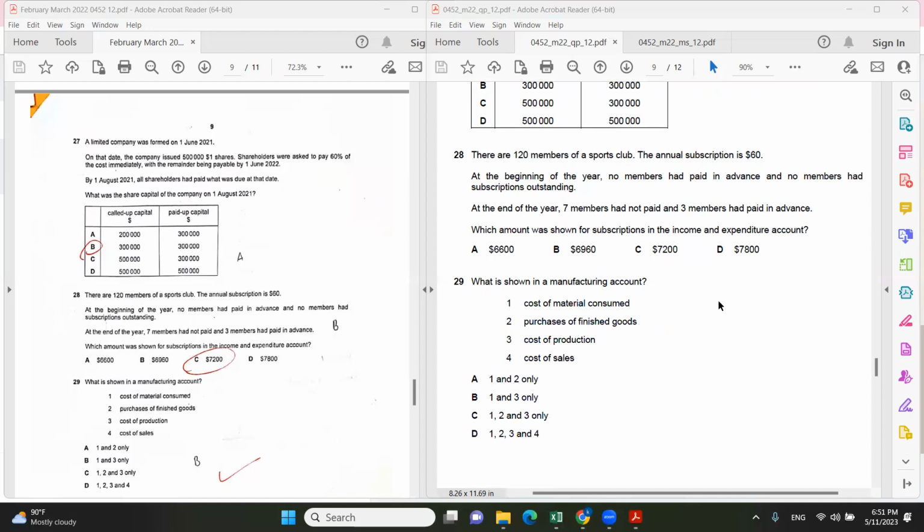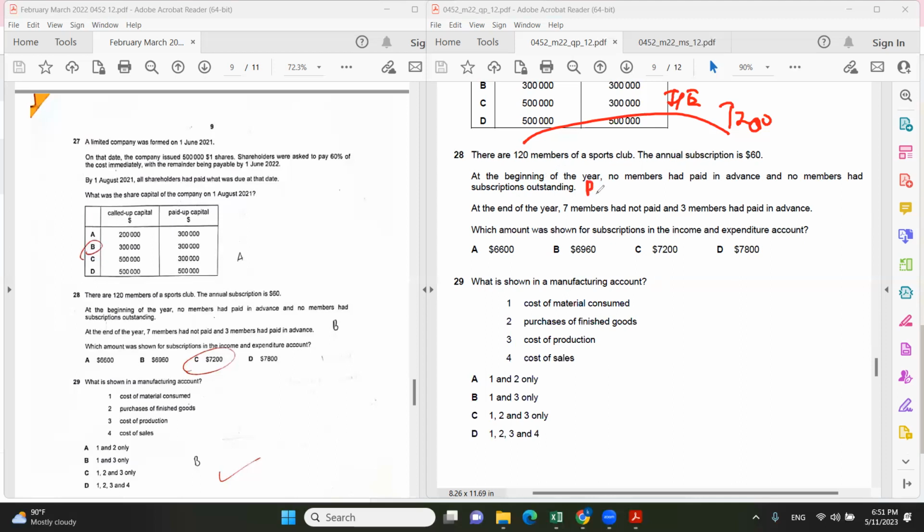Okay, question 28. There are 120 members. The annual subscription, that means this times this, 120 times 60, we get 7200. This is the income and expenditure amount, total for the year. At the beginning of the year, no member has paid in advance and no member owes subscription.